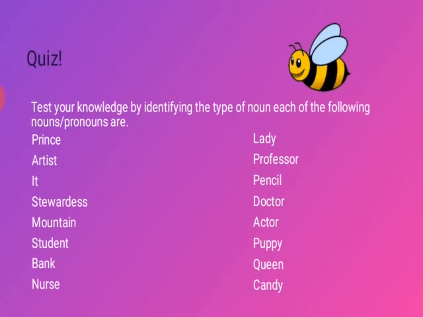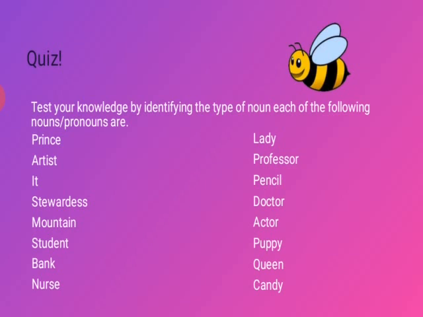Artist. It. Stewardess, ending on ESS, I guess you remember. Mountain. Yes, a lifeless thing. Student, we have read it in an example.